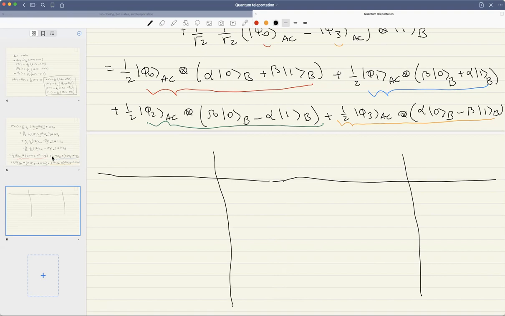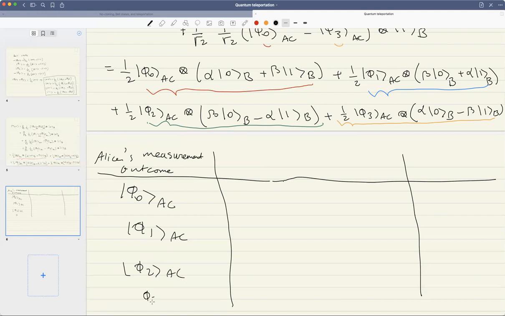So let's say Alice's measurement outcome. She either finds in that measurement that AC is in state phi 0, or phi 1, or phi 2, or phi 3.